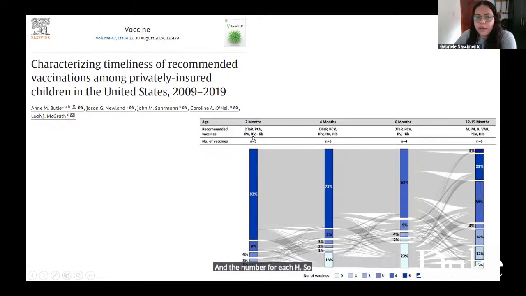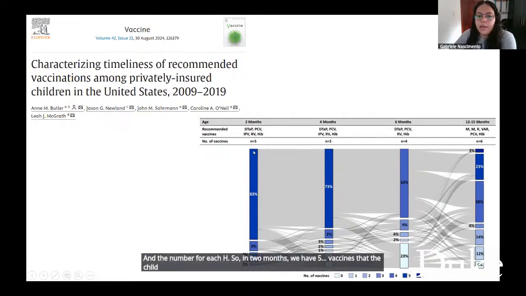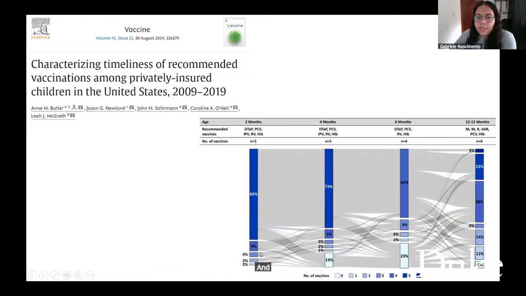So at 2 months, we have 5 vaccines that the child can take. In the diagram, each color represents a number of vaccines. So for this first one, we have 5 different vaccines, and each color represents one of them. So we have 83% of the children who take the 5 different vaccines, 4, 3, 2, and 1.